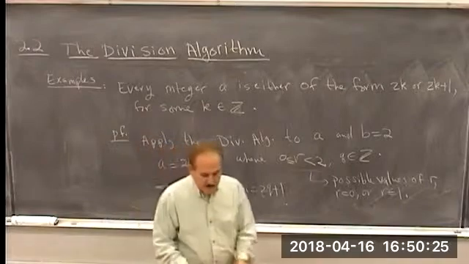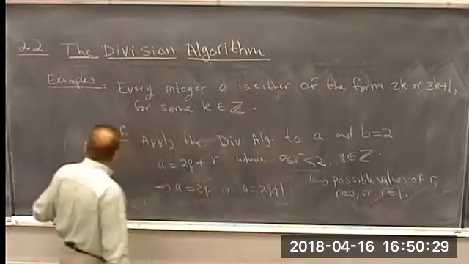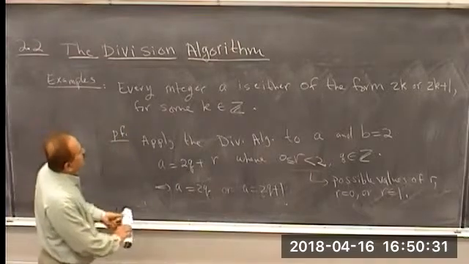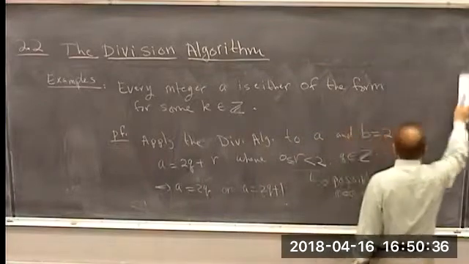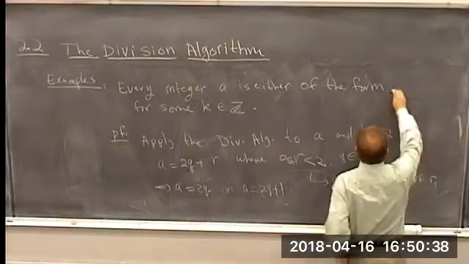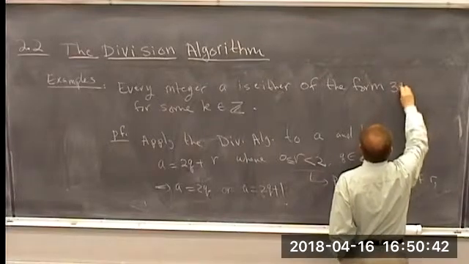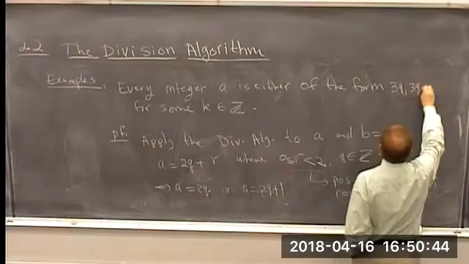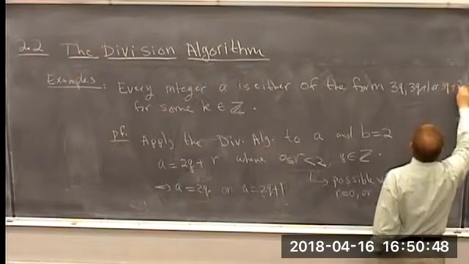All right, let's look at another one. Along the same line, we know that every integer can be of the form, you can choose whatever you like, let's say 3Q, 3Q plus 1, or 3Q plus 2.